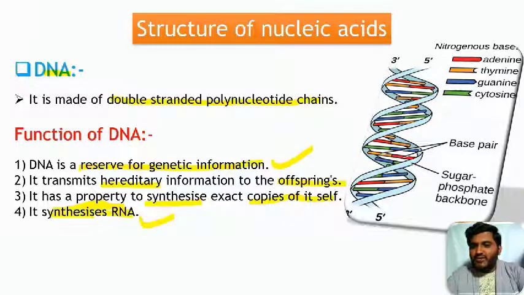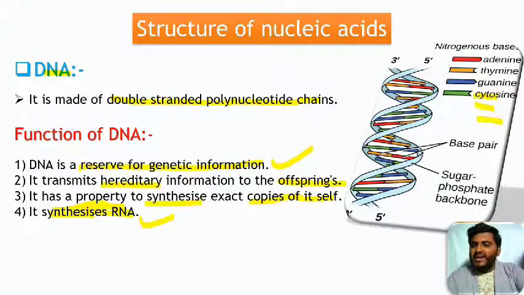Yellow or orange color is thymine. Blue color is guanine. Green color is cytosine. So carefully see here, red is always bonded to orange-yellow, and blue is bonded to green. That indicates adenine is always bonded to thymine and guanine is always bonded to cytosine. So these are called base pairs.